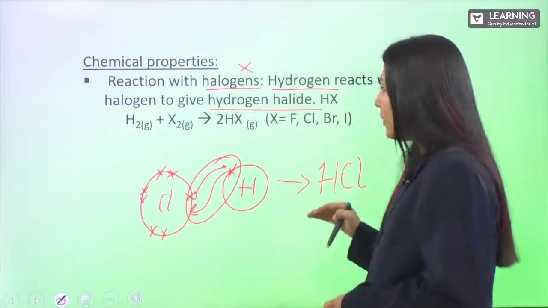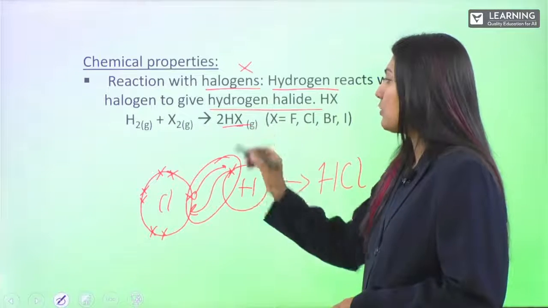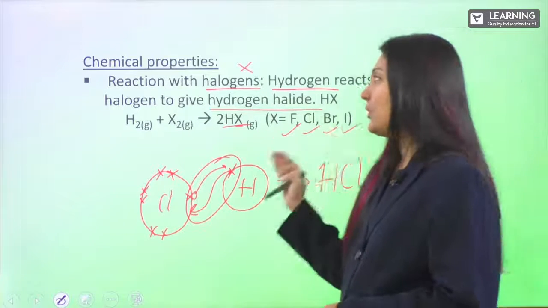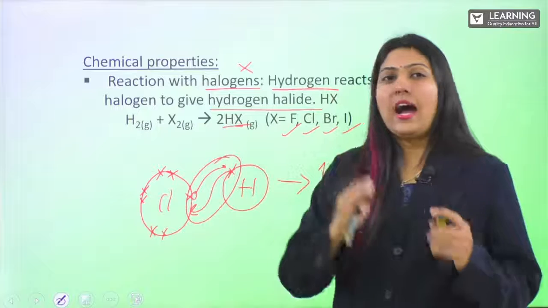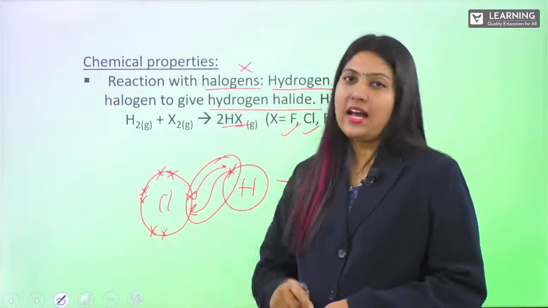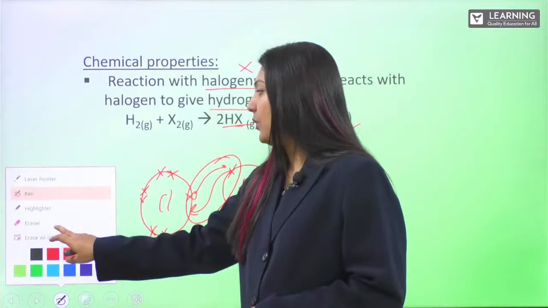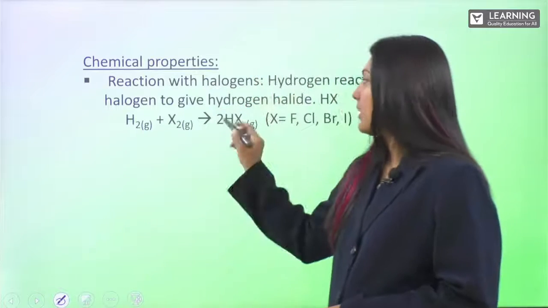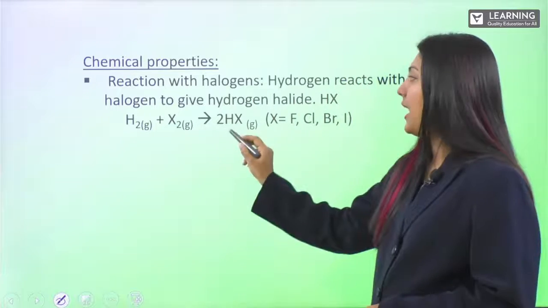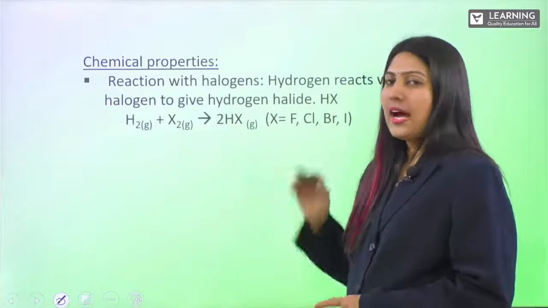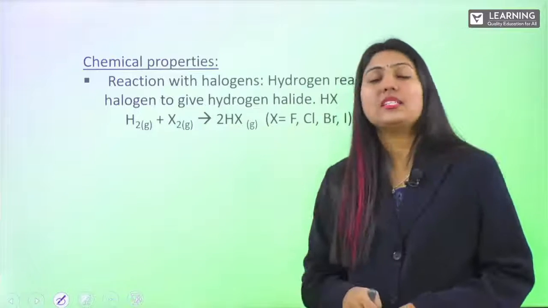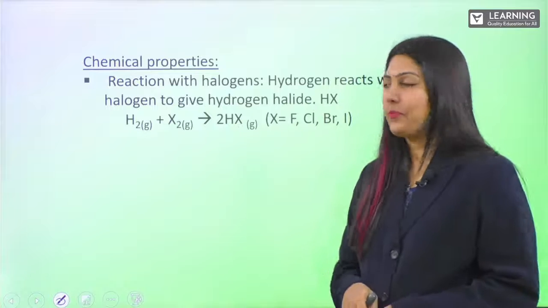In place of X we can take fluorine, chlorine, bromine and iodine. So hydrogen reacts with halogens to give hydrogen halide: hydrogen fluoride, hydrogen chloride, hydrogen bromide, hydrogen iodide. Hydrogen chloride we also call hydrochloric acid.